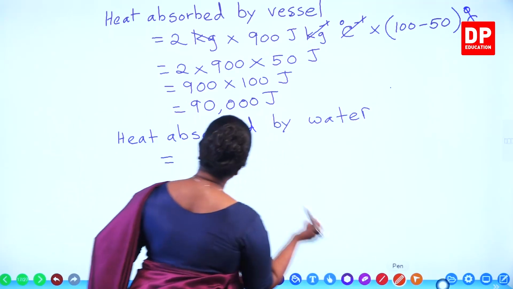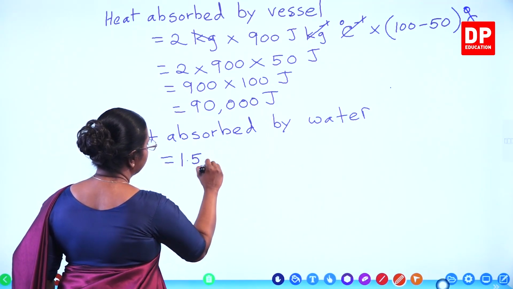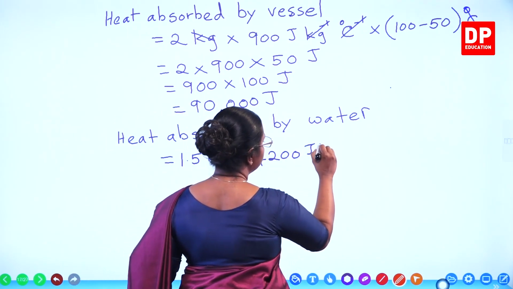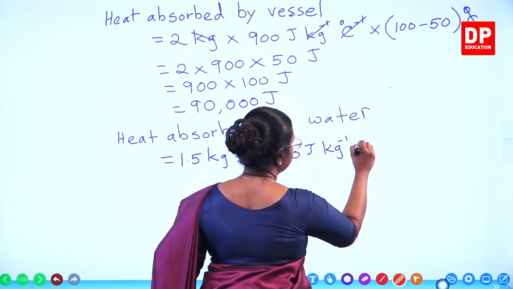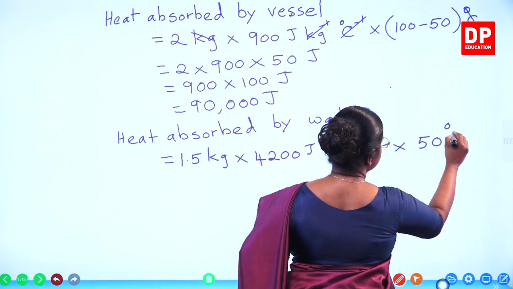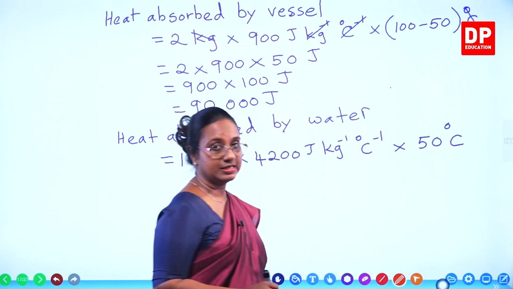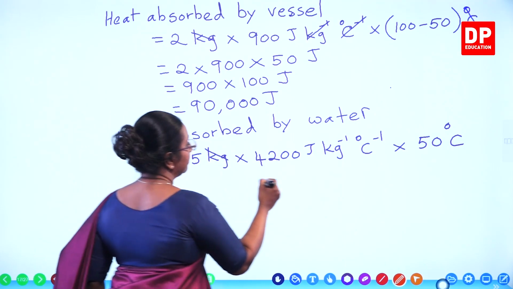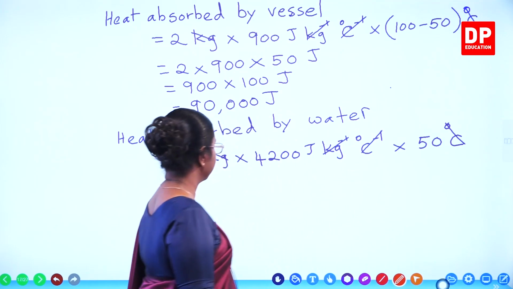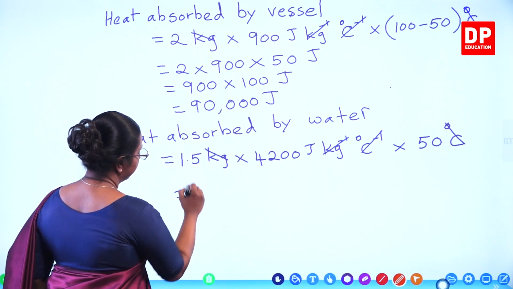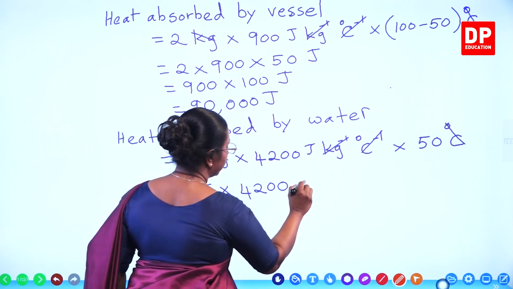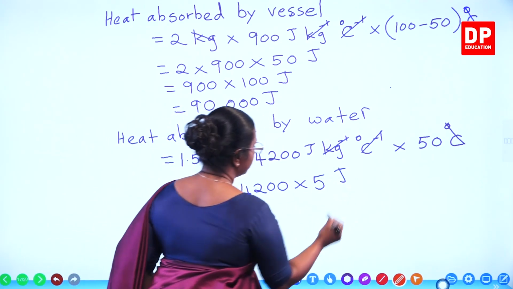So, if we calculate that, 1.5 kilogram into 4200 joule per kilogram per degree Celsius. Here we have already calculated the change in temperature, 50 degrees Celsius. So, you can simplify easily, kilogram, kilogram minus 1, degree Celsius minus 1, degree Celsius. So, then we can rewrite the values as 15 into 4200 into 5 joules.